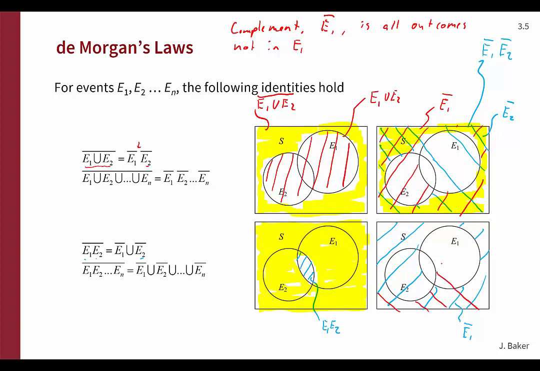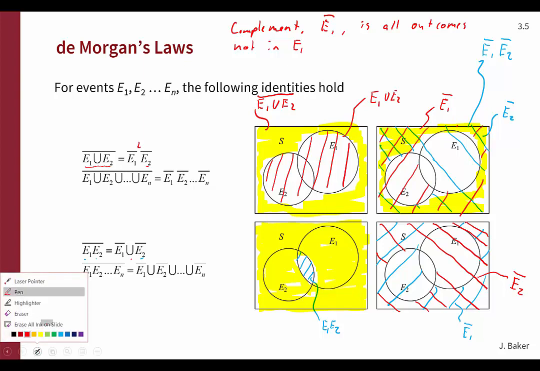So we'll hatch everything except that circle. And then we're going to take the union of those two complements, so everything that's not in E1 or not in E2.